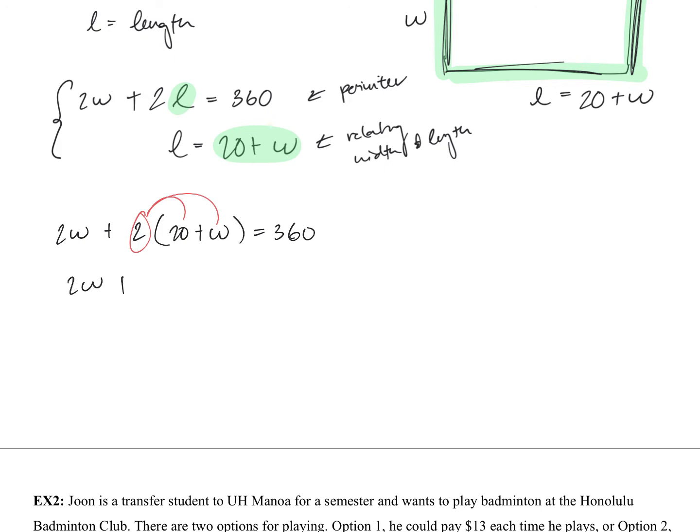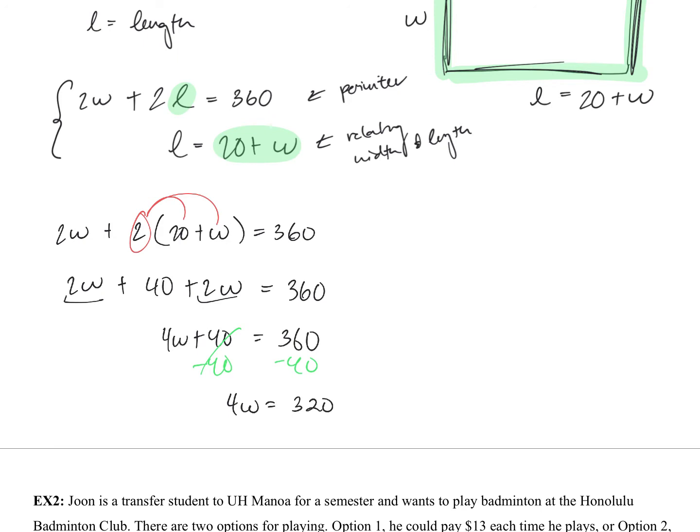And 2W plus 40 plus 2W equals 360. Adding the W's together, we'll get 4W plus 40 equals 360. Let's go ahead and subtract the 40 from both sides. So 320. And dividing everything by 4.